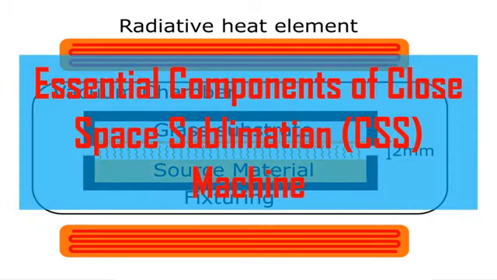So, students, let's discuss the essential components of the closed space sublimation apparatus. What are the key components, what are the key instruments used inside the closed space sublimation apparatus? Please note that the closed space sublimation apparatus consists of a fused silica glass tube chamber, basically the reaction chamber in which the deposition of the film is done.